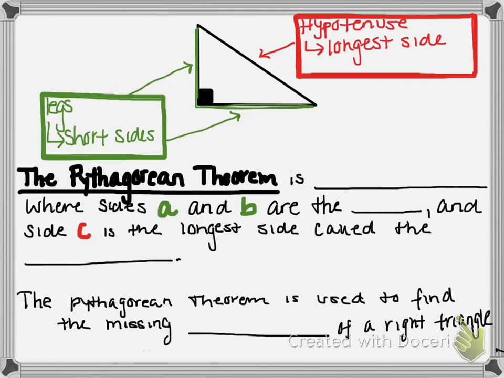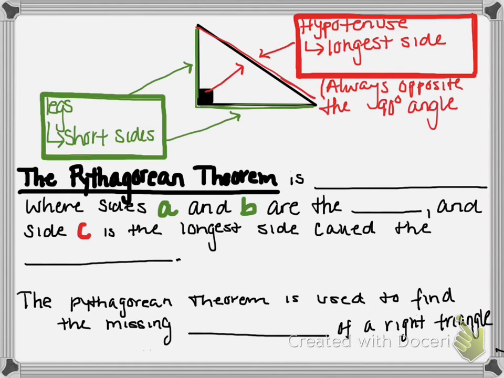And the other thing that's important about it, I can't fit it in the box, so I'm going to put it underneath, is that it's always opposite the 90-degree angle. So what I mean by that is that your 90-degree box is in the corner and your hypotenuse is always across from it. So it's on a diagonal, your hypotenuse, and it's the longest side of your triangle.